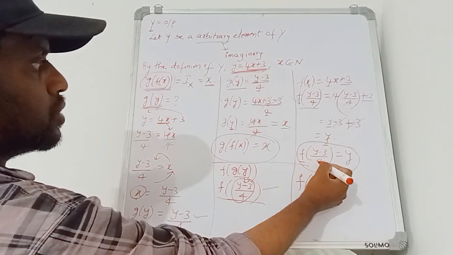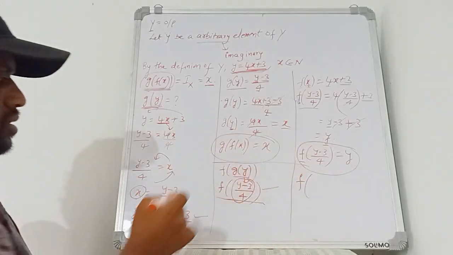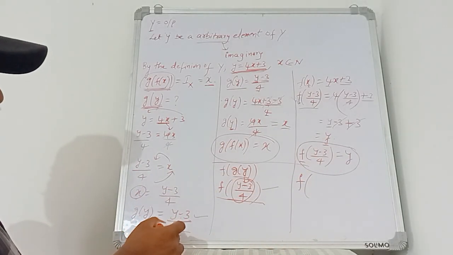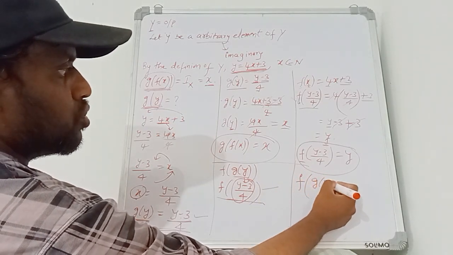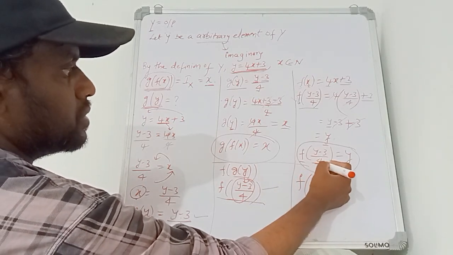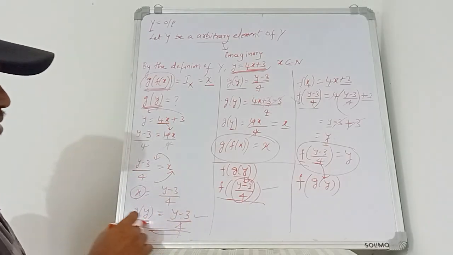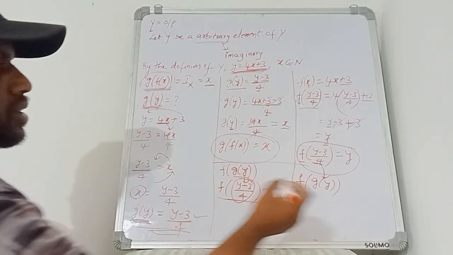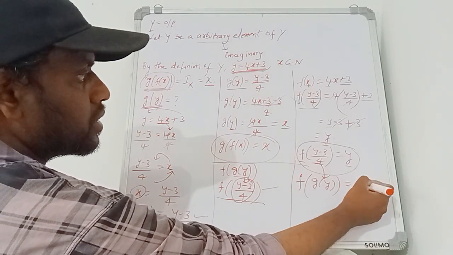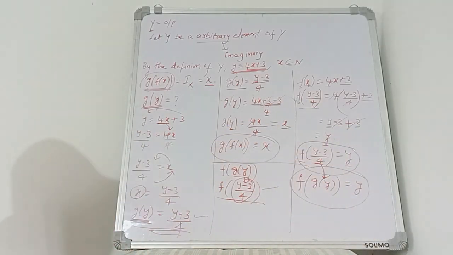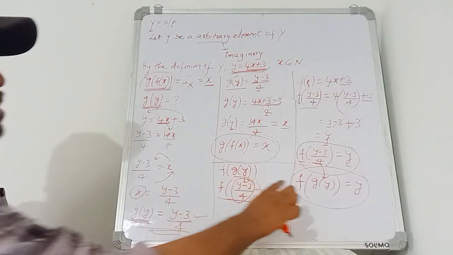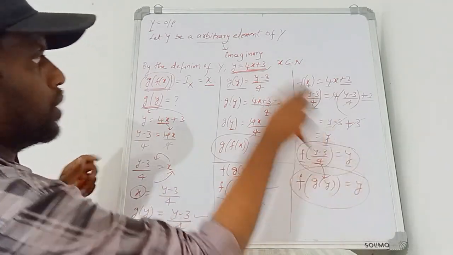f of y minus 3 divided by 4 is equal to g of y. So I will write g of y in place of this, because we have this. So that is equal to y. Okay, so the second condition is also proved. f of g of y is equal to y.